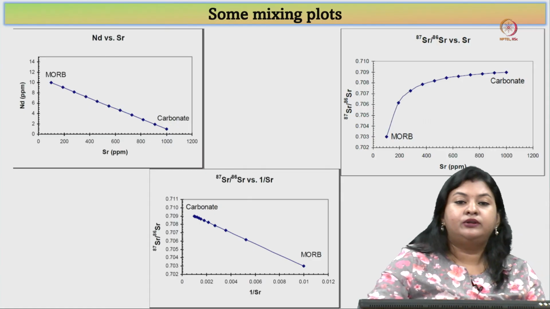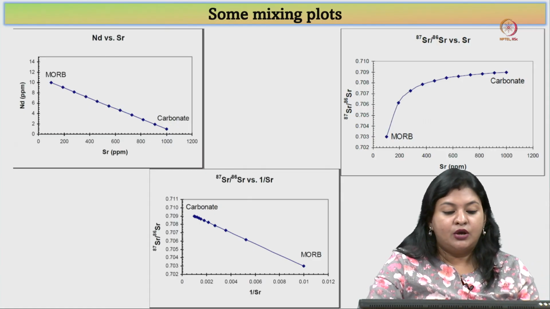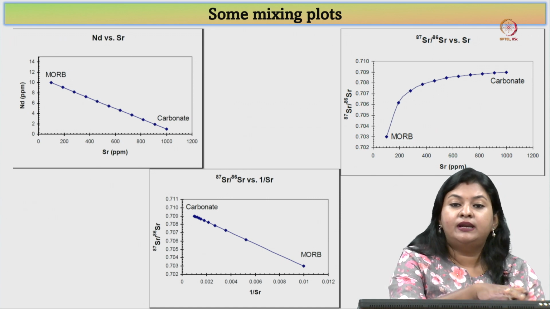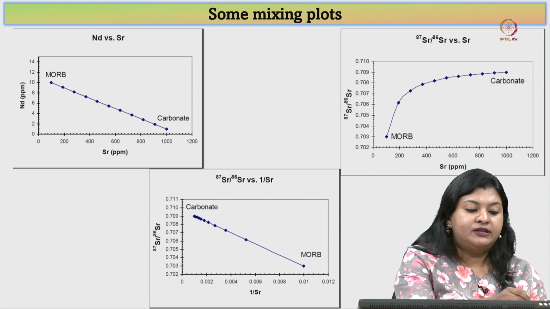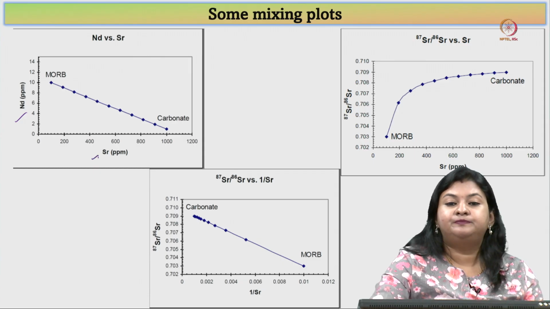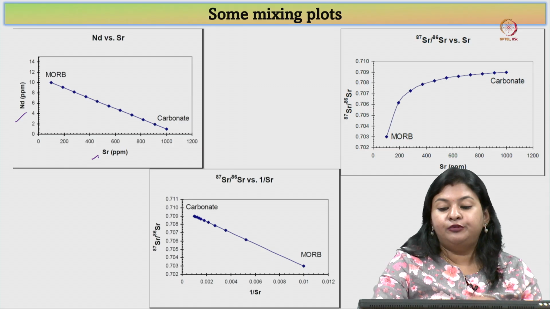So, often we are going to see these kind of plots where we have either elemental axis, so there are two elements on the two axes, for instance, here as they have plotted neodymium versus strontium, or you plot the same elements.